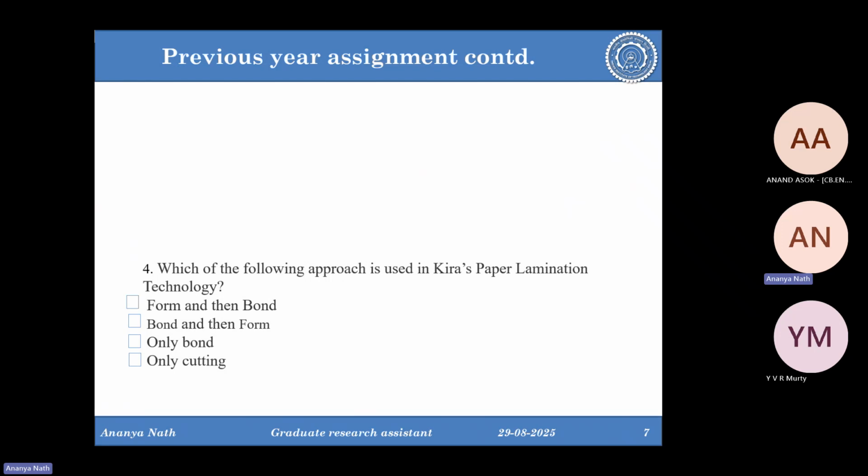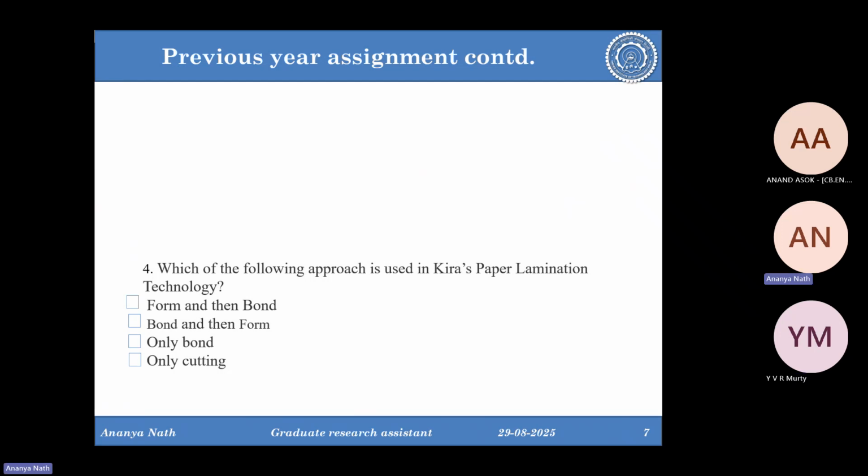Which of the following approaches is used in Kira's paper lamination? It means bond and then form. Yes, it's the same. Kira's and cubic technologies LOM are almost the same.